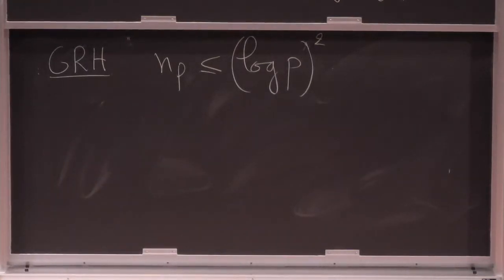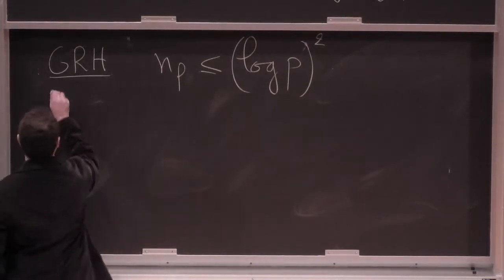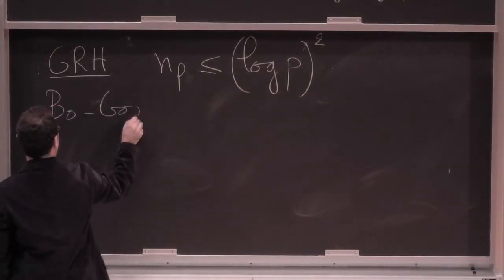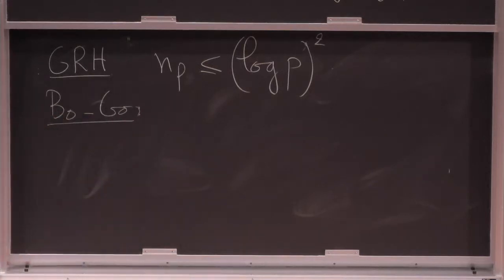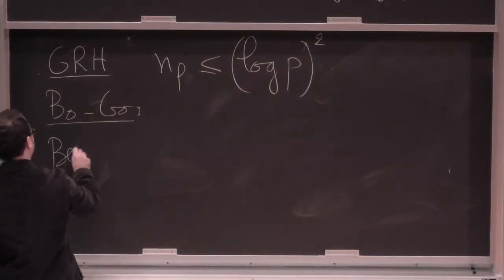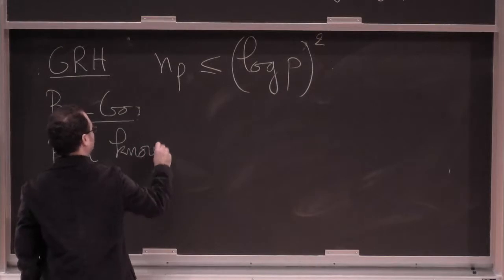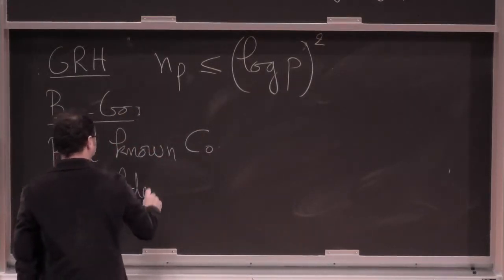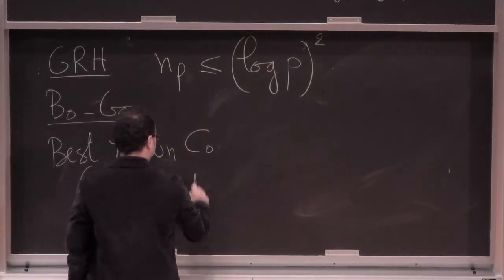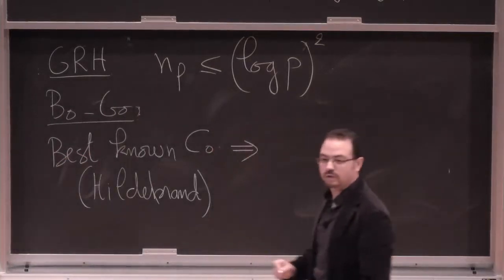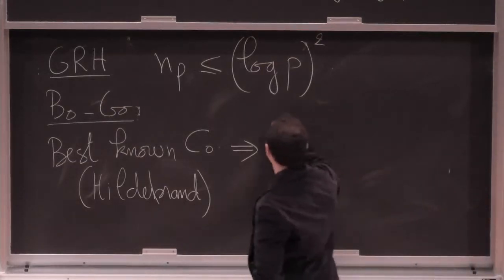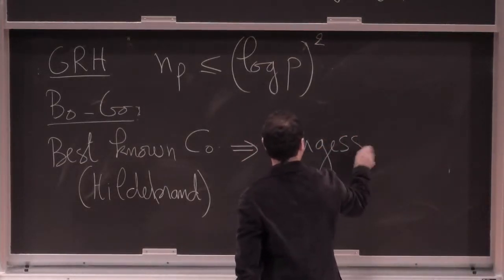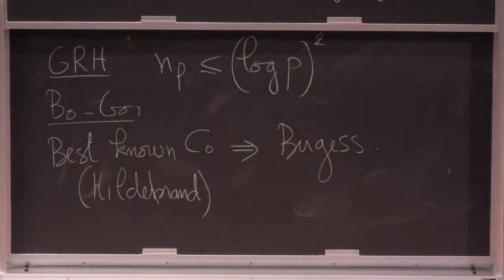Now what Bober and Goldmacher did was the following. First of all, they show that if you take the best known constant in the Vinogradov, which is due to Hildebrand, C0 above, you recover Burgess. So this implies the Burgess bound for n_p.